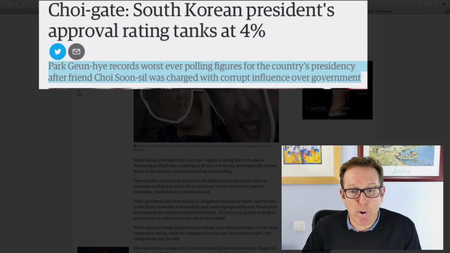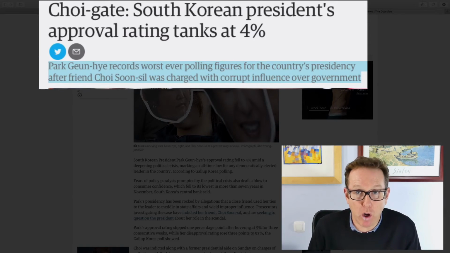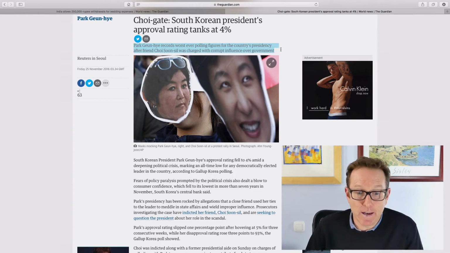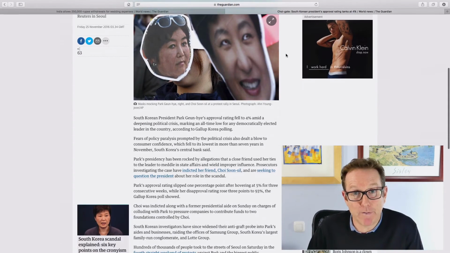So the worst ever polling figures, where you ask people about the popularity of the president, you do a poll, after her friend was charged with corrupt influence over government. So a corruption scandal in South Korea at the end of the day. Let's have a look at the main part of the article.